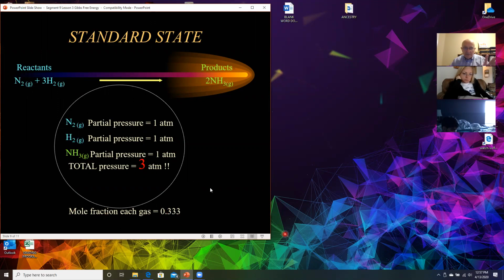Now, technically, what we would have to have is a container so big that I could go in and take out 1 mole of nitrogen and not change its partial pressure. I could go in and take out 3 moles of hydrogen and not change its partial pressure, and make 2 moles of ammonia and not change its partial pressure. So you see, this is really a state that couldn't absolutely exist, but who cares?